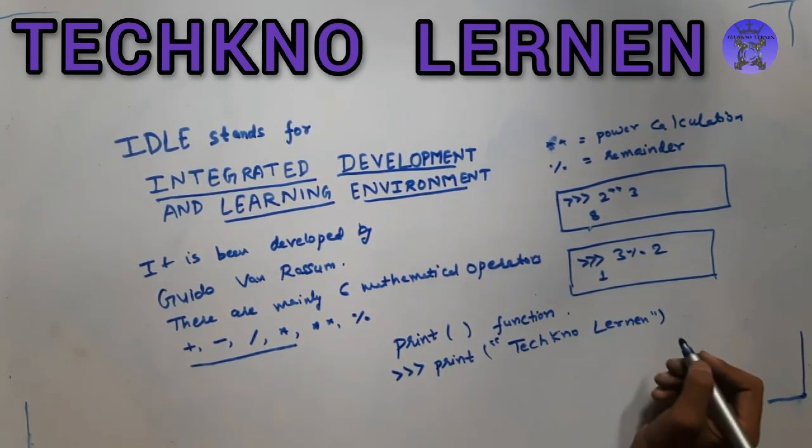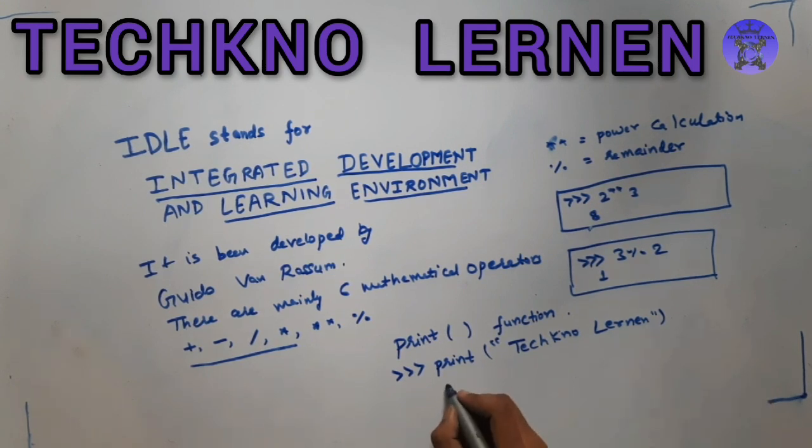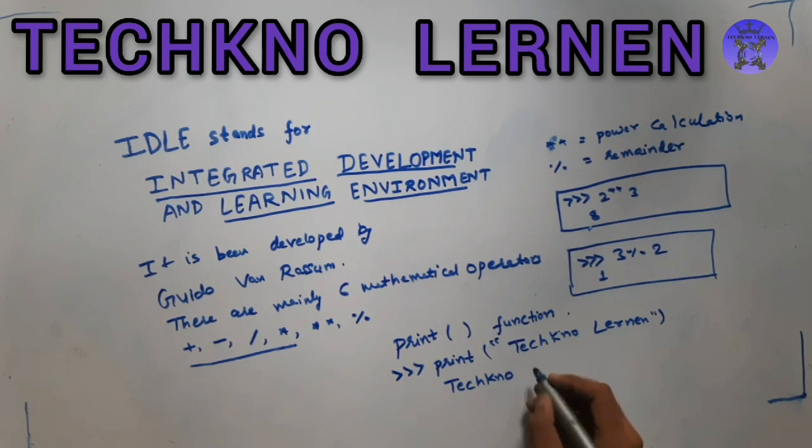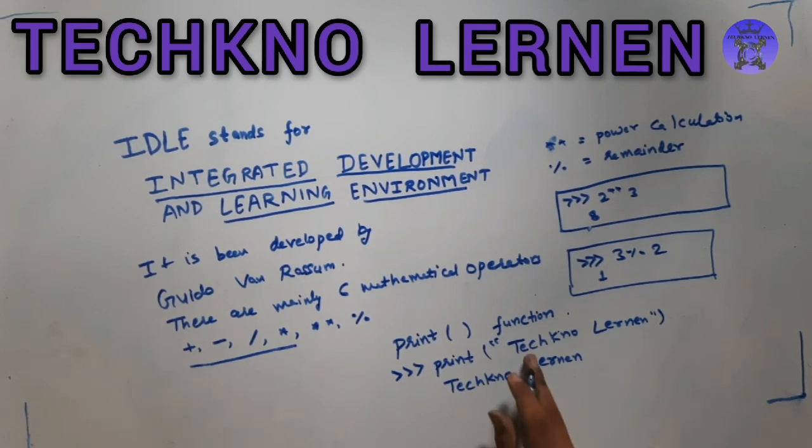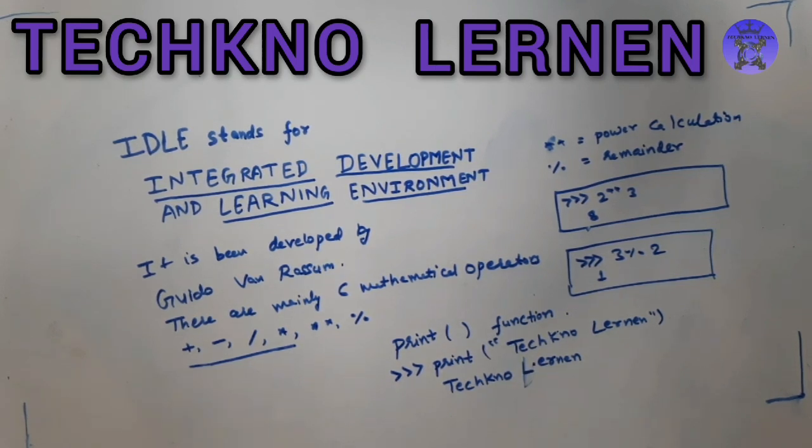On running the code you will get the output of what you write inside the double inverted commas, that is, Techno Learning. So friends, you can write your name here also.